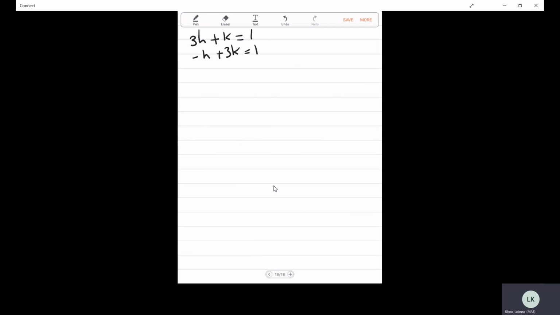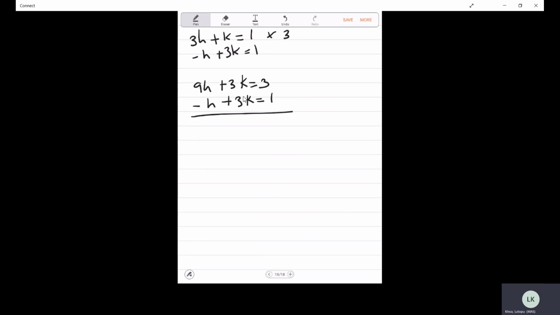Okay, so I will multiply the first one by 3, and the second one I will not multiply by anything. I'll just leave it as it is. So I have 9h plus 3k is equal to 3, and then minus h plus 3k is equal to 1.